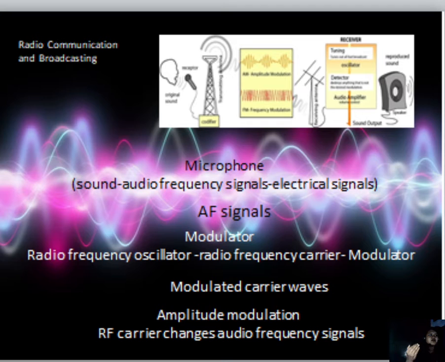Once it is carried, it will be modulated by the carrier waves. Then that's where amplitude modulation comes in. It amplifies the signals or the carrier waves that were received. Then, this radio frequency carrier changes audio frequency signals.